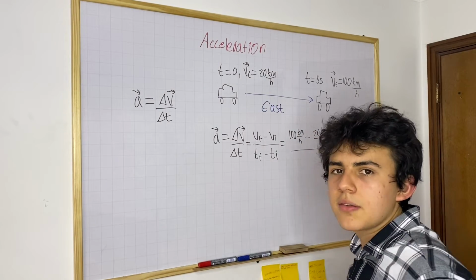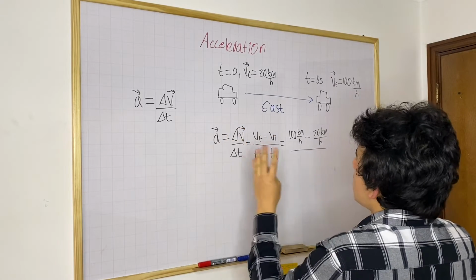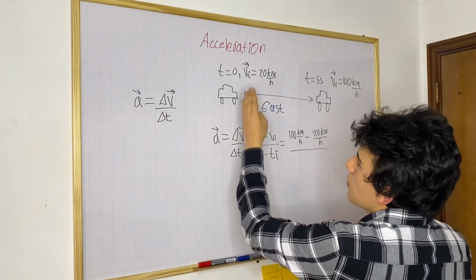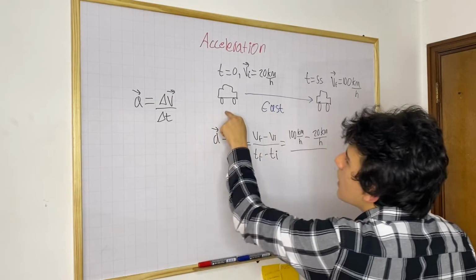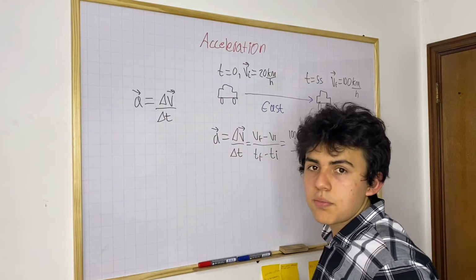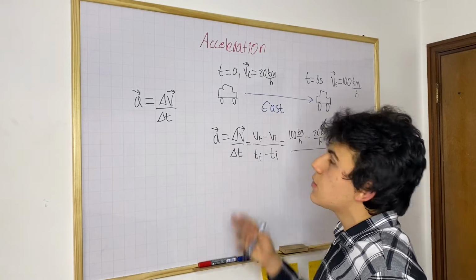That is physically impossible. So this means that before t equals 0, the car already had some speed. The car was already accelerating before t equals 0.